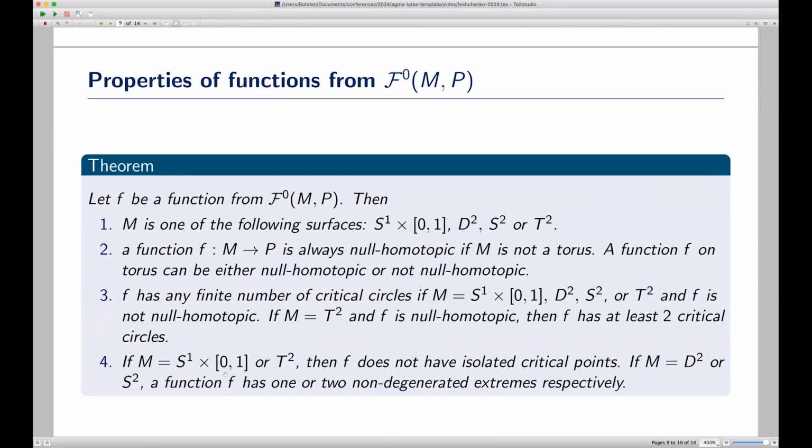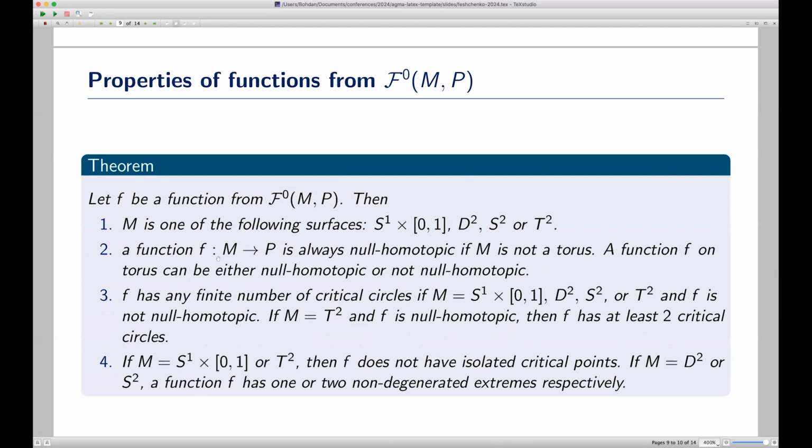The following theorem holds true. If we have a function f from this class F0, then M is one of the following four surfaces: a cylinder, a disk, a sphere, or a torus.